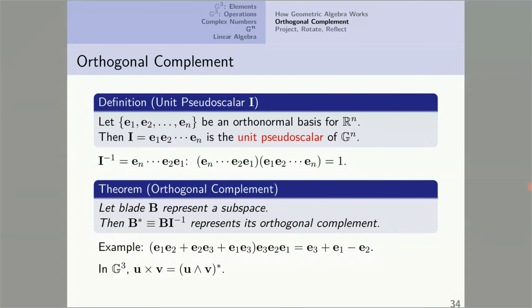Finally, in G3, the cross product of two vectors is the same as the dual of the outer product of the vectors. Now in geometric algebra, the cross product is not much used. There are several reasons.